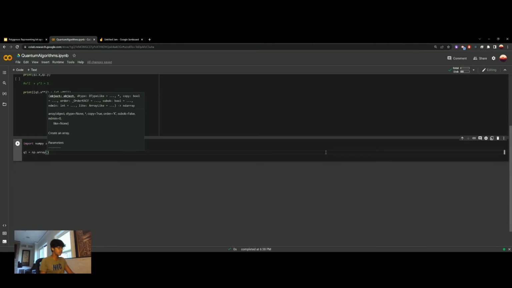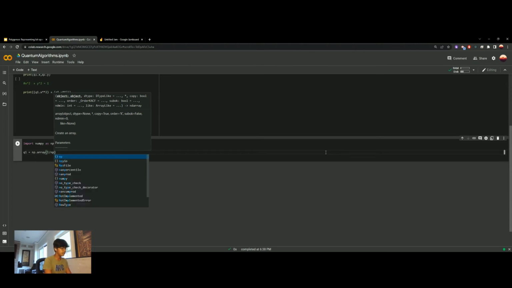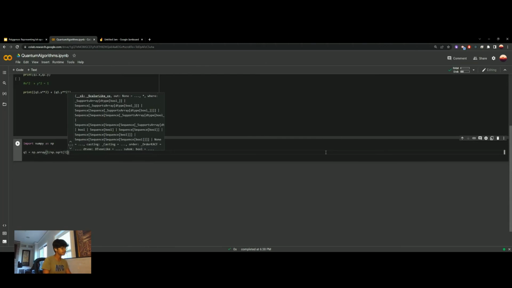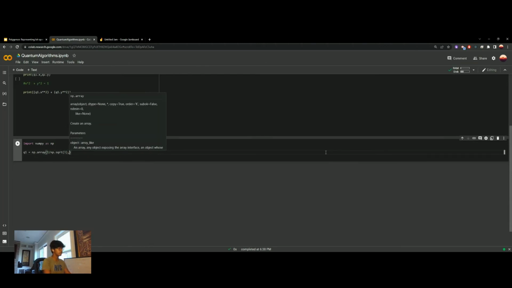Remember, a complex number can also have a rational number as its denominator. So we can have 1 over np.sqrt of, let's say, 3, and then a comma, because we would have two numbers.